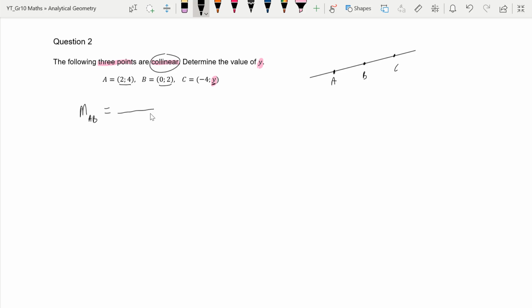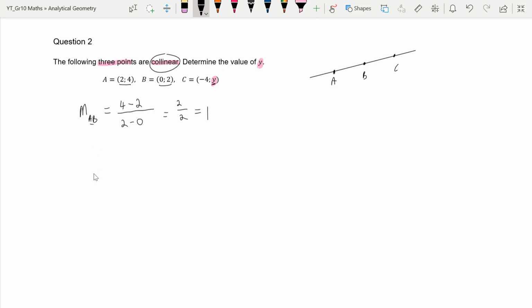So that's why we start with the 2 points where we've got all the information. So I'm going to start with point A. 4, take away 2, that's my change in y's, and then my change in x. That gives me, am I right in saying that that's 2 over 2? Yes, so the gradient between A and B is equal to 1.